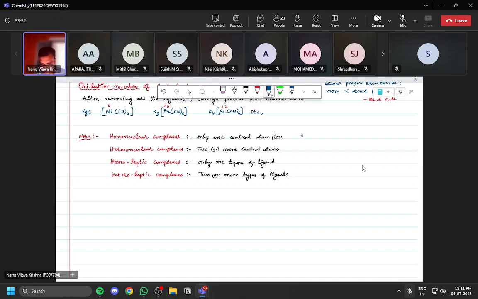Example. Same, I am taking K4[Fe(CN)6]. How many central atoms are there? 1.